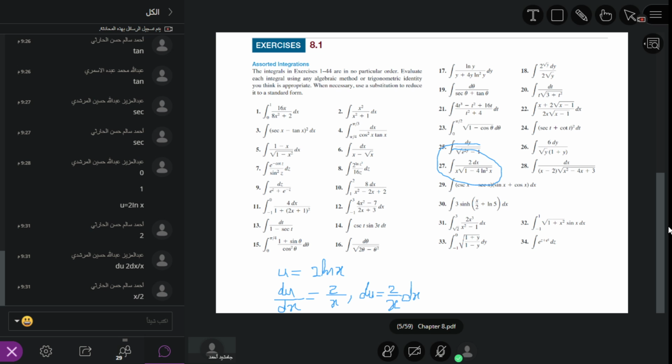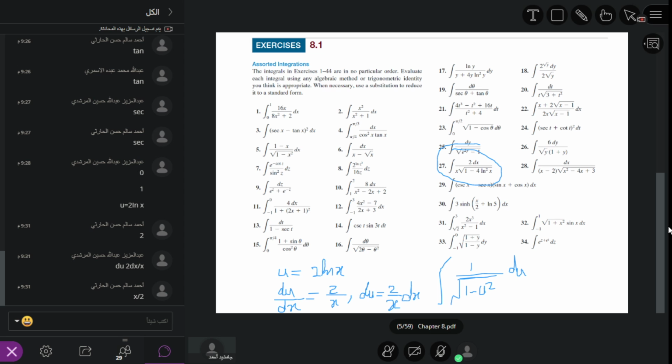So our question will be the integral of 1 over the square root of 1 minus u squared du. Now what is the integral of 1 over the square root of 1 minus u squared?